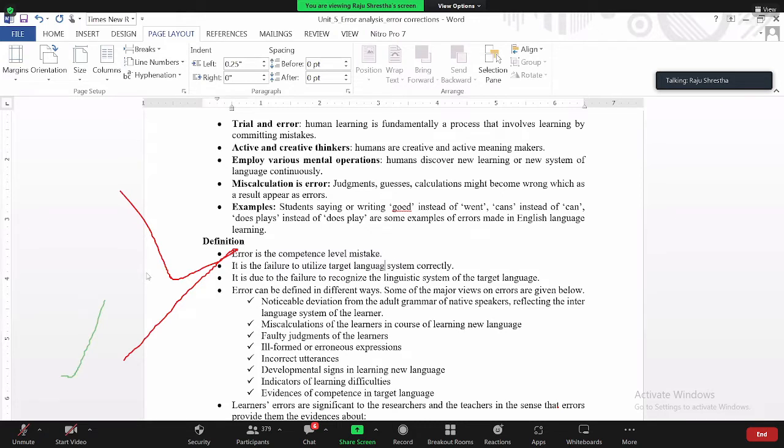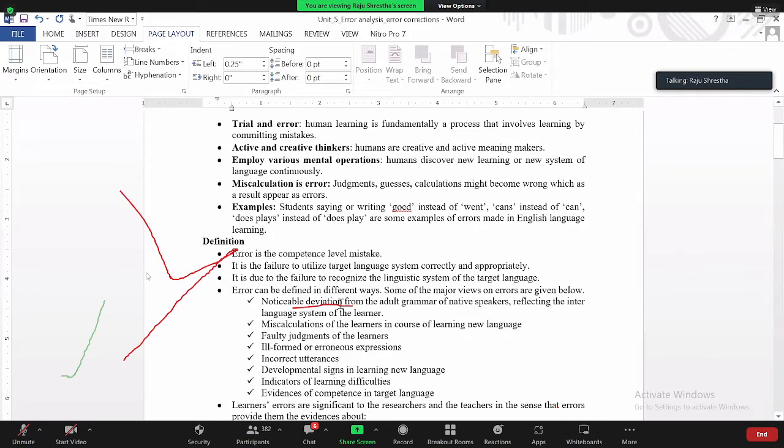So competence level mistake and failure to utilize the target language system correctly and appropriately. उसले राम्रोसँग use गर्न सकेन appropriately, and it is due to the failure to recognize the linguistic system of the target language. जान्नु पर्छ, due to lack of target language linguistic system, we produce error.